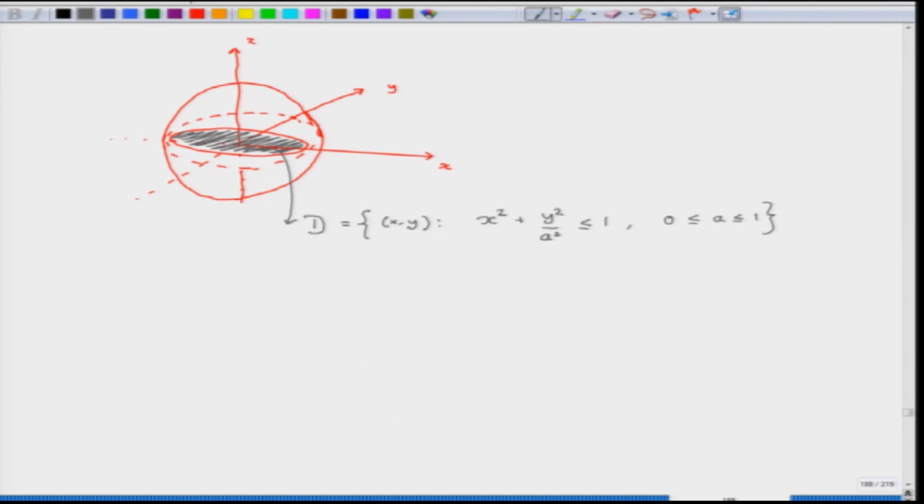This is a very general class of problem. This will actually allow you to even compute the surface area of the sphere. Now, I have taken the domain D, and I want you to compute the surface area of the hemisphere lying above the domain.